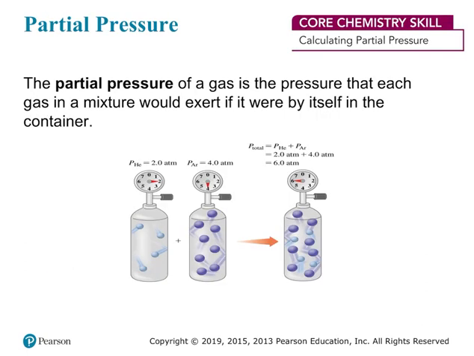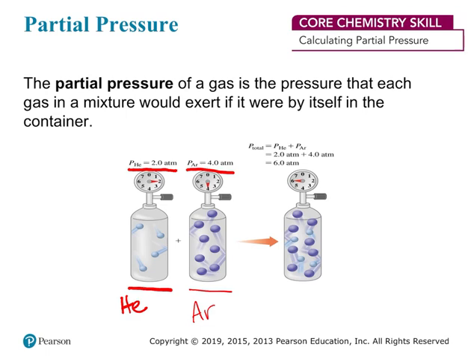Okay, so back to partial pressure. The partial pressure of a gas is the pressure that each gas in a mixture would exert if it were by itself in the container. As an example, let's say we have a gas cylinder of just helium and then a gas cylinder of just argon. And let's say that the pressure of that helium gas on its own is 2 atmospheres, and the pressure of argon gas on its own is 4 atmospheres.